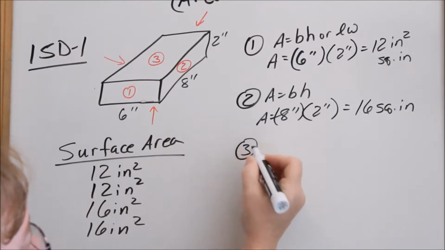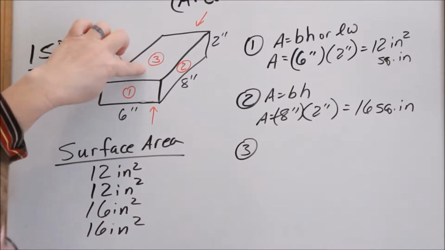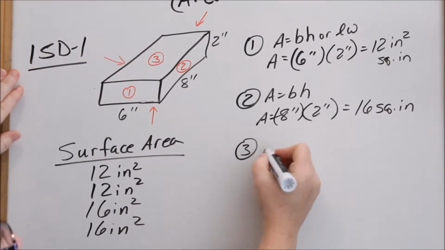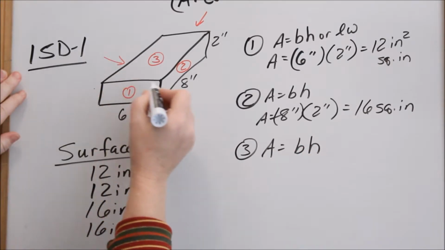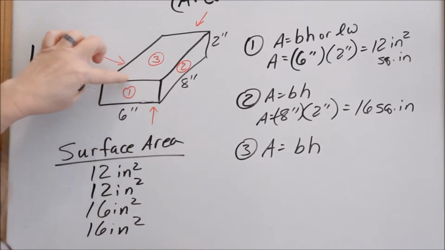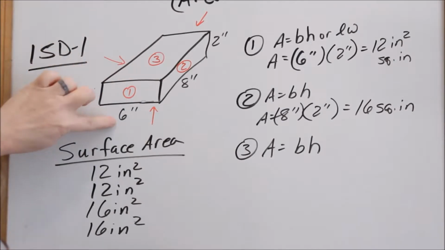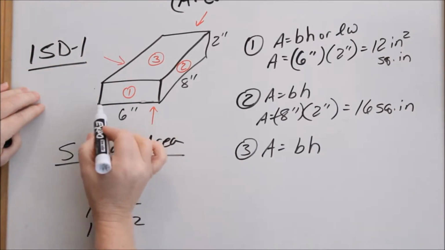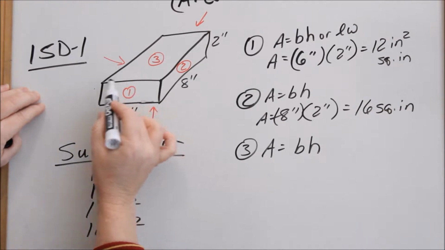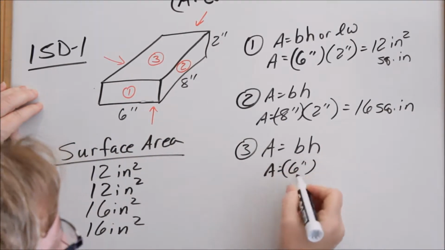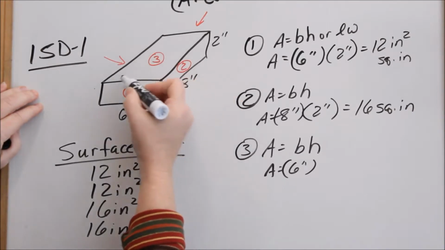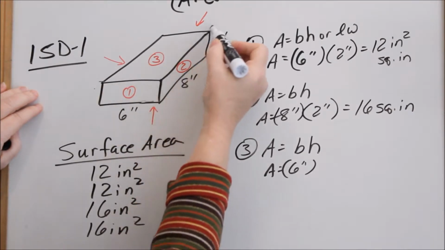Okay, rectangle number 3. Let's find the area of rectangle number 3, which is this top. So formula for area of any rectangle, base times height. My base would be this length right here. What do we say that was? That's 6, because if this is 6 right here, then this is 6 right here. So 6 inches times, length times width, base times height. This and then this.